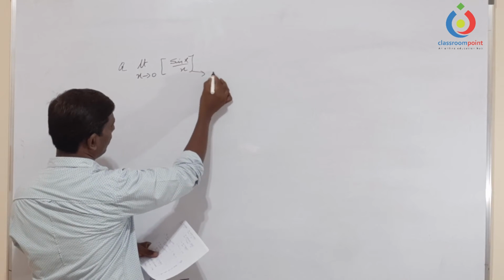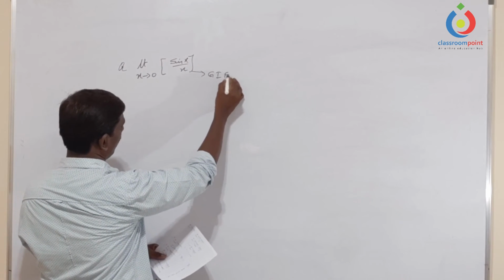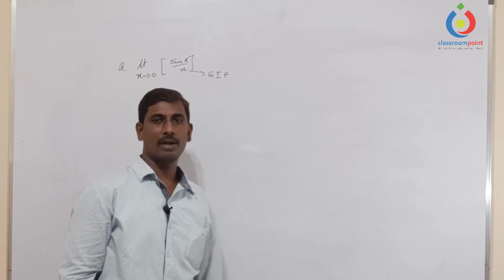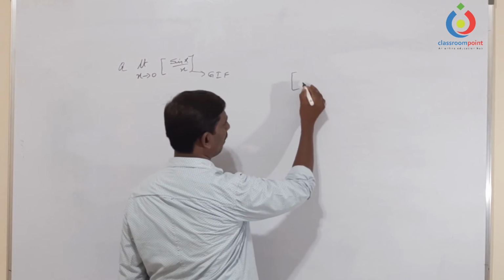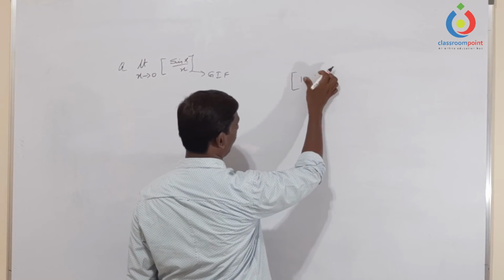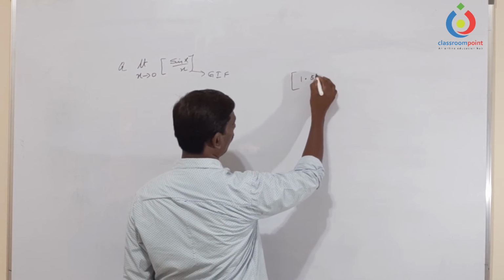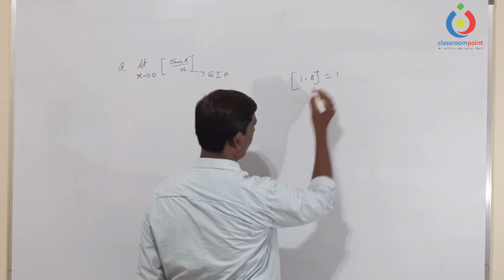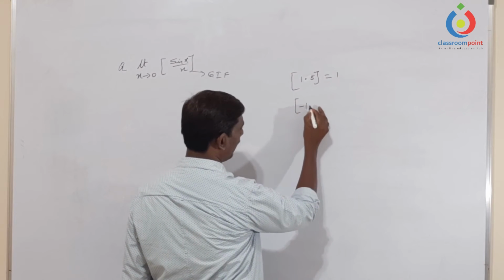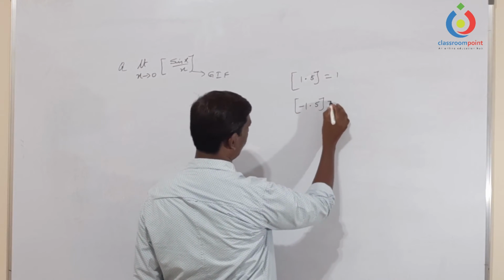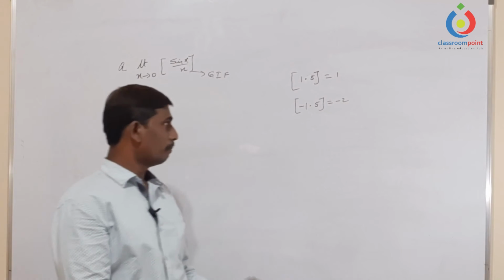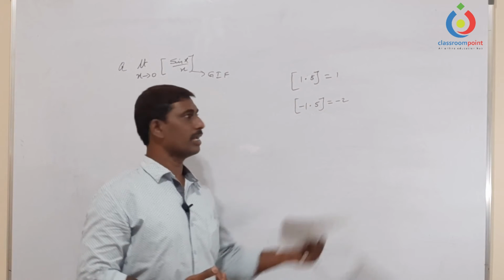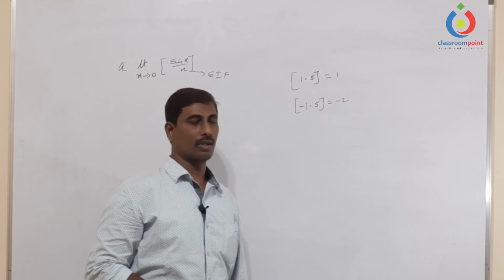This is the greatest integer function. It is the integral part of x we are saying. What is the meaning of that? Integral part of 1.5 is equal to 1. Integral part of minus 1.5 is equal to minus 2. That means you should take the value below. That is the integral part function calculation.